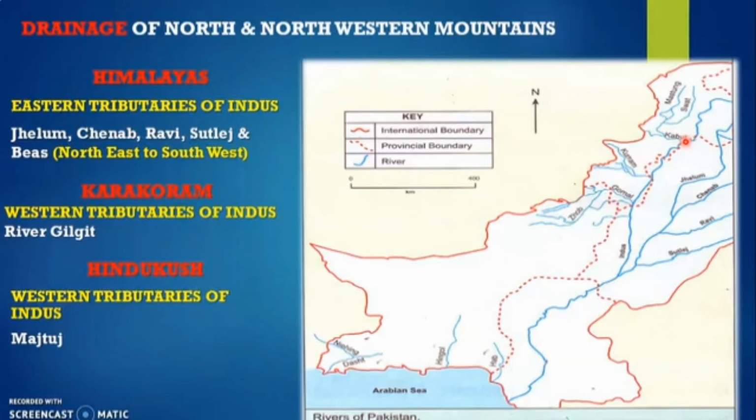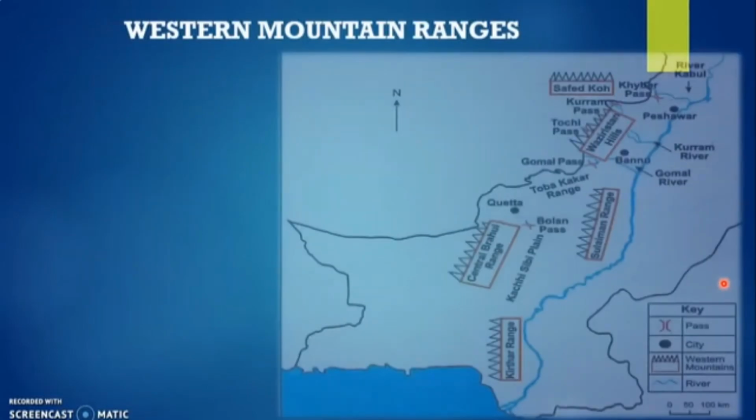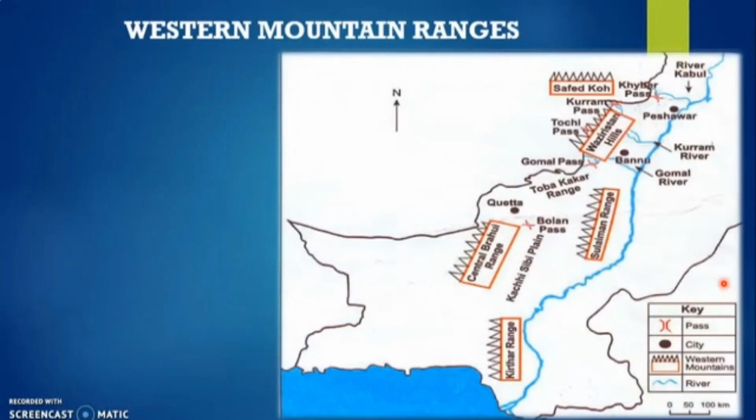Please do remember the locations of the rivers over here, because this map would come again in the upcoming slide as well. Next one we have the western mountain ranges. That is another topographic region. So the first thing we have for the relief, first of all, are the identified locations of these western mountain ranges.